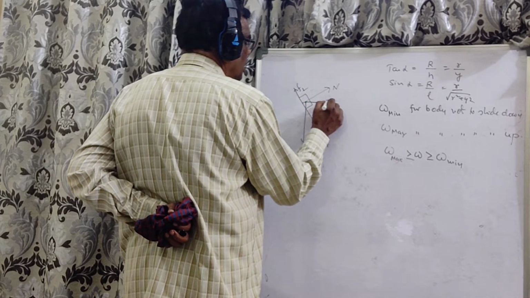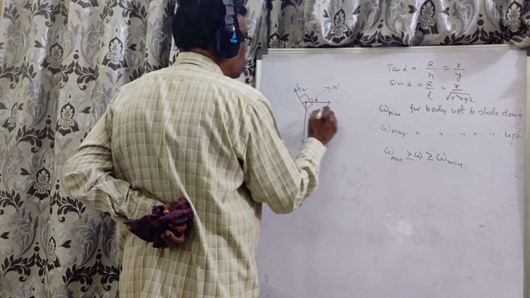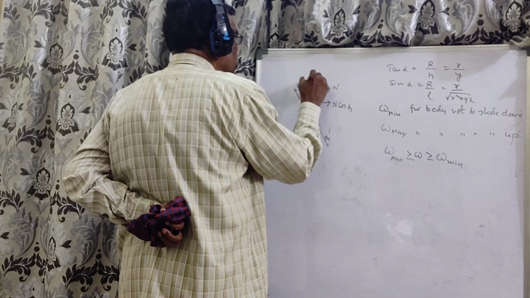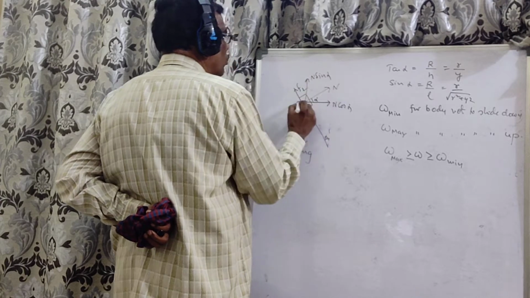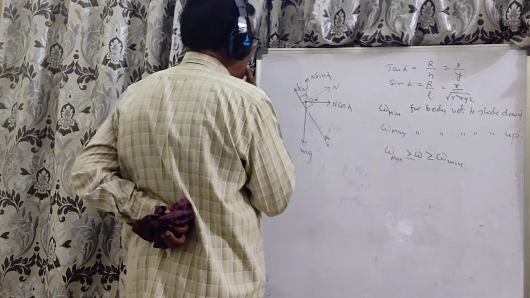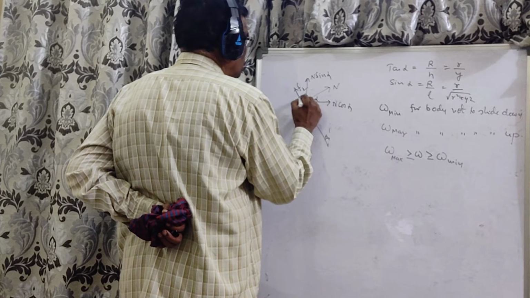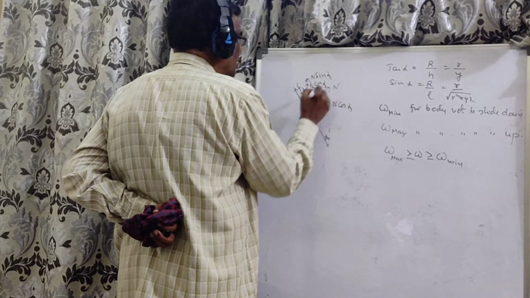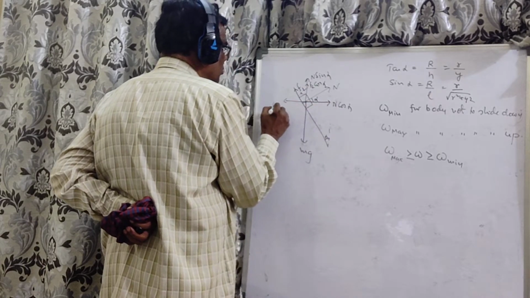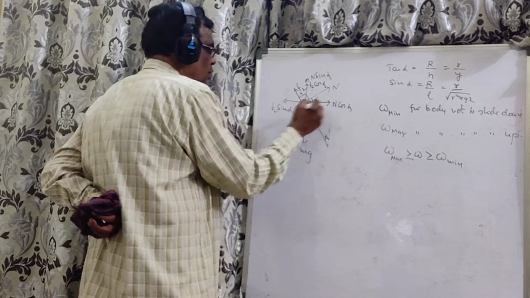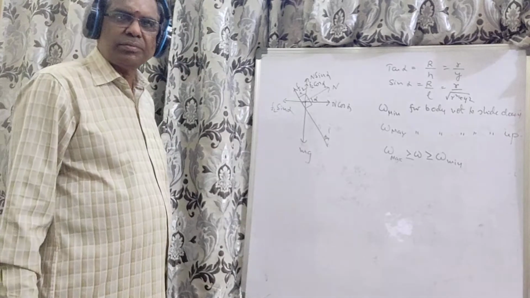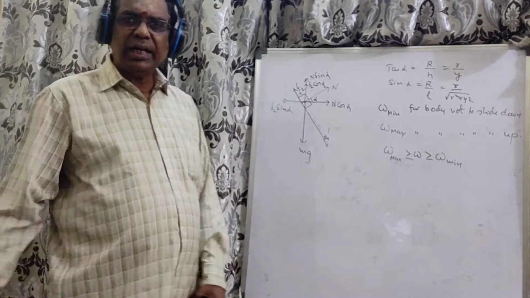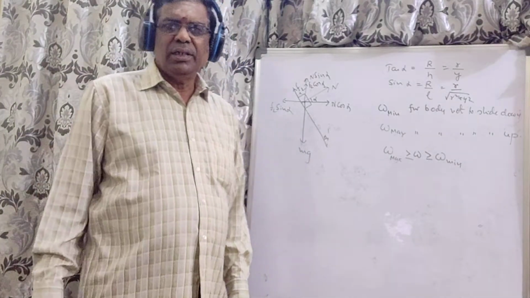So here, this is bound to be alpha, N cos alpha and N sin alpha. If this is alpha, this is also alpha. So this will be FL cos alpha, FL sin alpha.